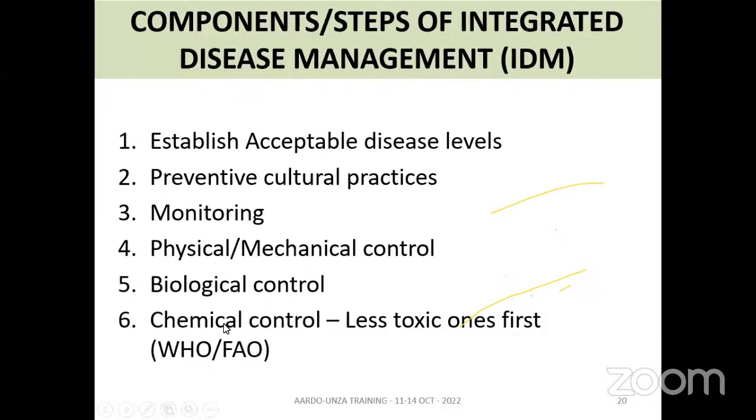That pesticide would be closer to biological control. Actually, some people classify it under biological control. But even among the synthetic ones, you have different categories. For the same fungal disease, you can have 3 or 4 or 5 different synthetic chemical fungicides that can deal with that fungal disease. Now, if you reach that level where you must touch one of these 5, always go for the least toxic.